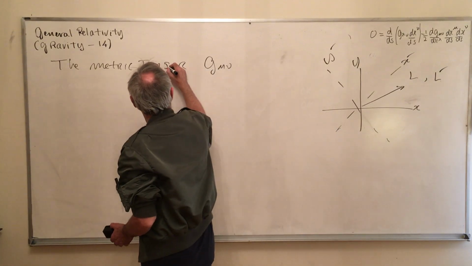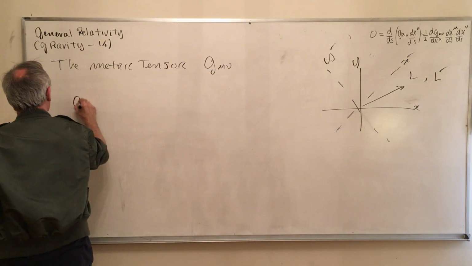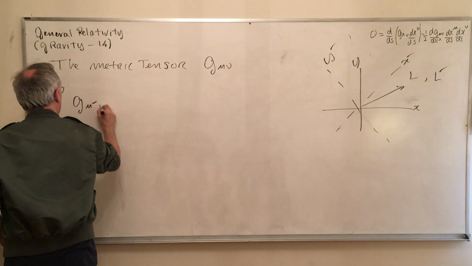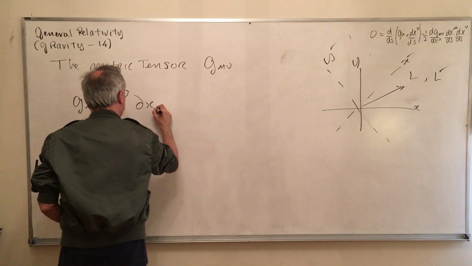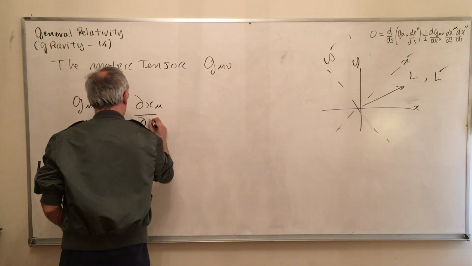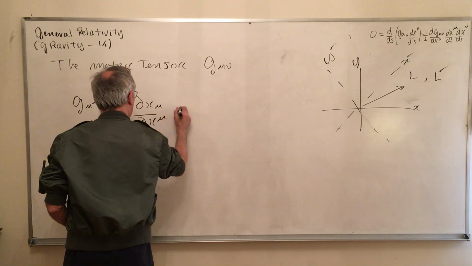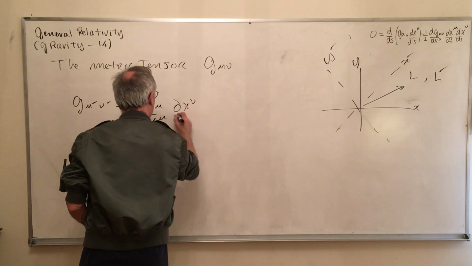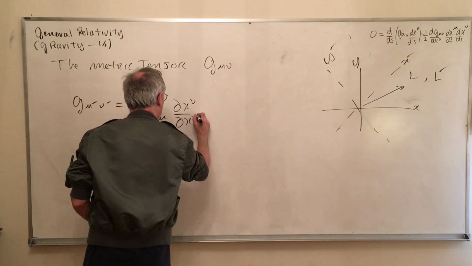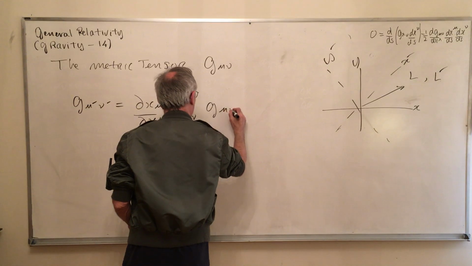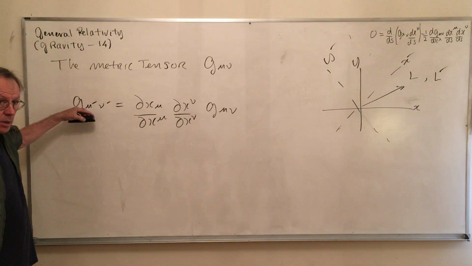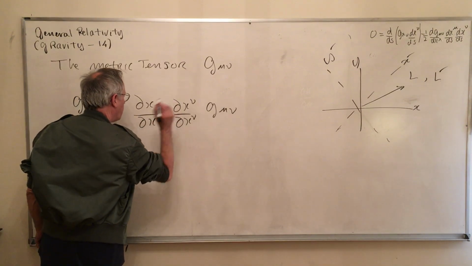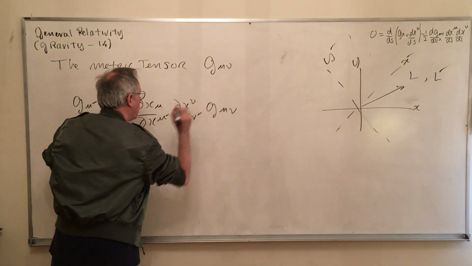So the metric tensor G mu nu transforms like this. Where do we put the dashes? For each covariant index downstairs, we hit one. And we hit one. Okay?